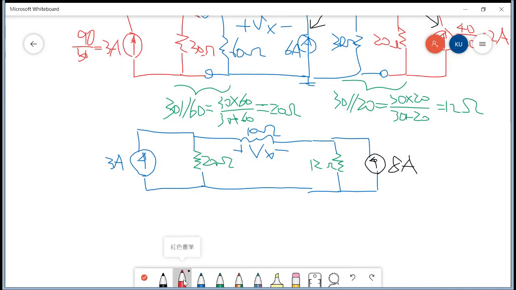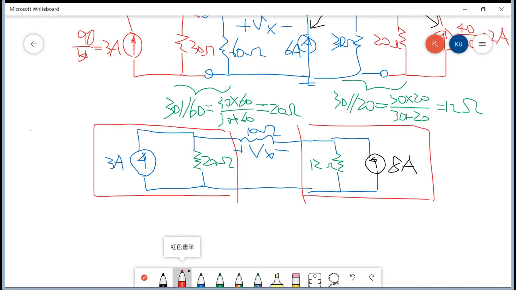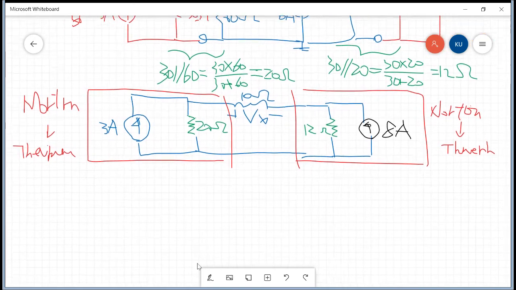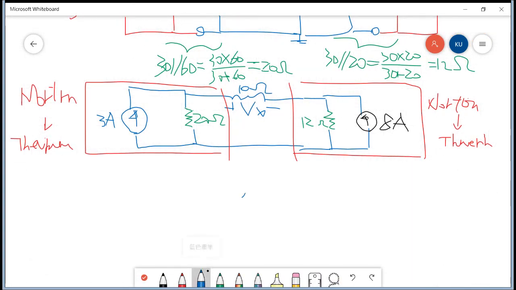So here we have this one to be a Norton equivalent circuit. This is Norton. And then we change it to Thevenin. So the rest of the circuit remains this 10 ohm resistor, Vx, something like this. This is ground.